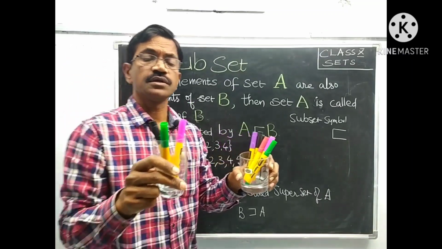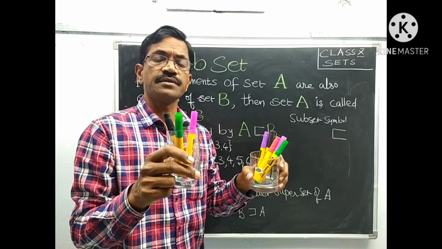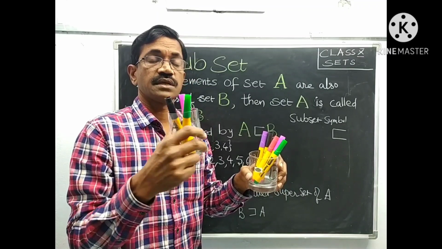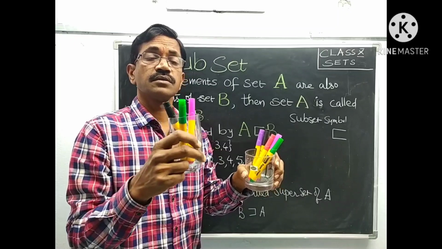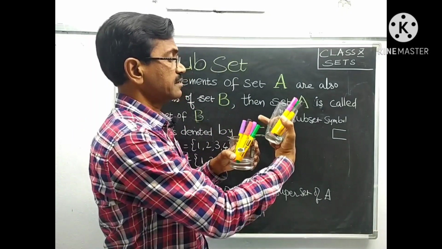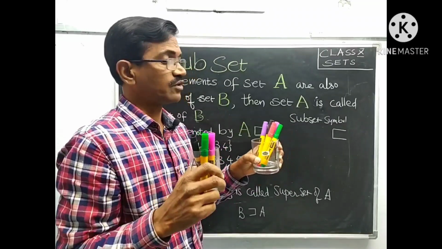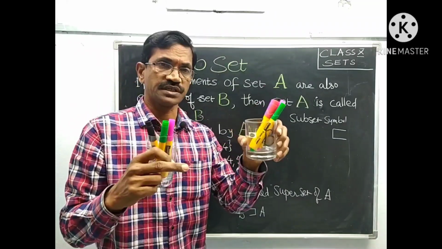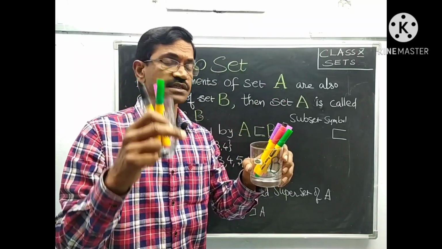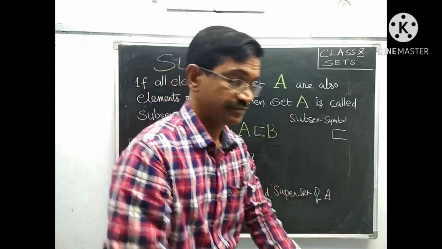But here only 3: pink, green, black. Here also pink, green, black. Moreover, 2 extra markers are there. Therefore, B is called superset, A is called subset. A is called a subset of B, B is called a superset of A.